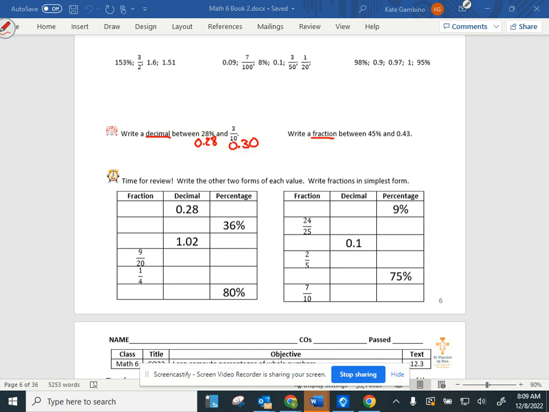On the bottom, it's review time. Write the other two forms of each value, and this is key. If it is a fraction, you are going to write it in its simplest form. Simplify, simplify, simplify. So we know how to convert between our three: fraction, decimal, percentage.